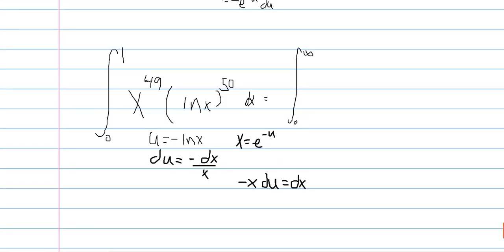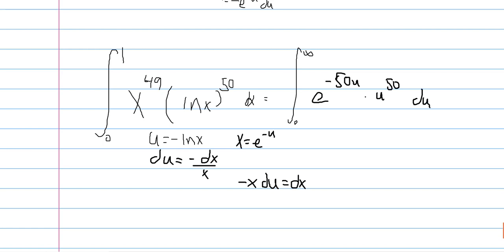And so when we sub in dx, we can take this x and put it here. So we actually have x to the 50th. And then x becomes e to the negative u, so we have e to the negative 50u times, and then natural log, well really we're plugging in negative natural log, but the even power makes the negative go away. So we get u to the 50th du.